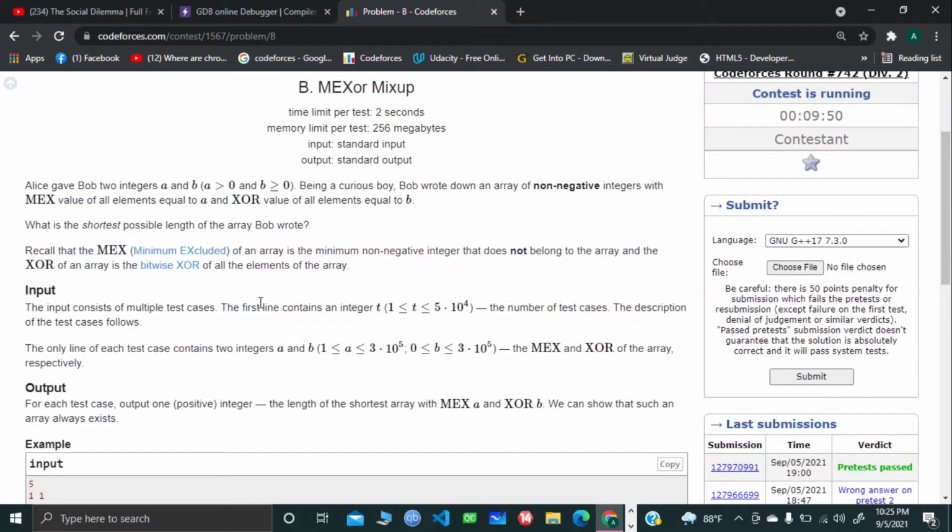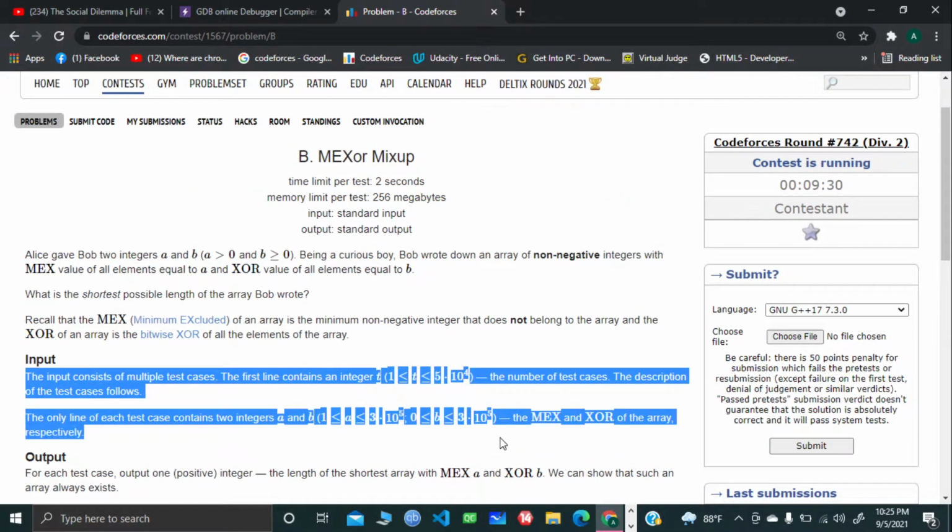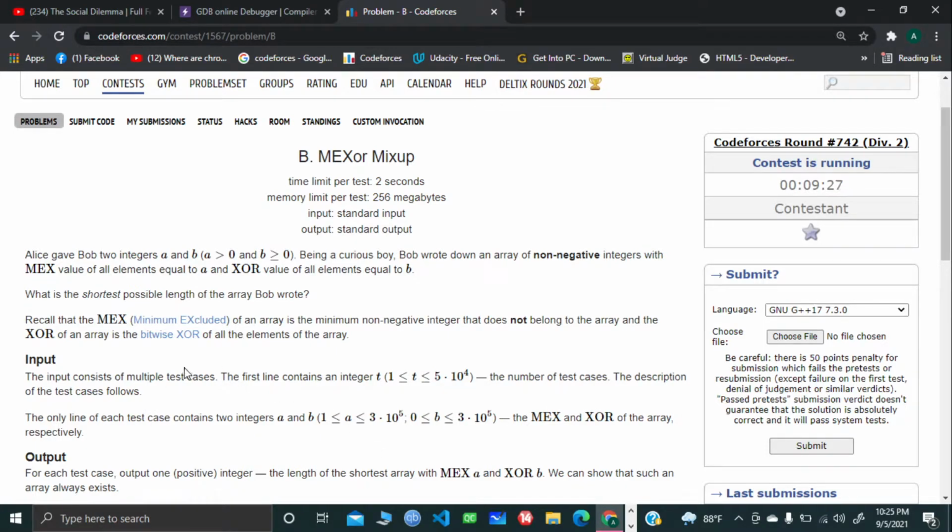Let's talk about the constraints here. T is quite big, 5 times 10 to the power 4, and A and B are quite small, up to 3 times 10 to the power 5. So that's when I thought that maybe I had to do some pre-computations, because there's no other way, as T is quite big.